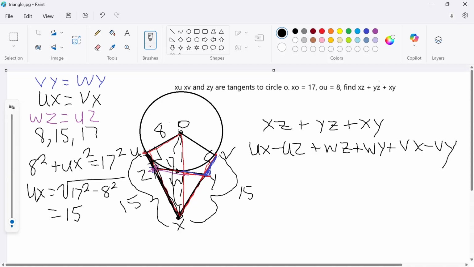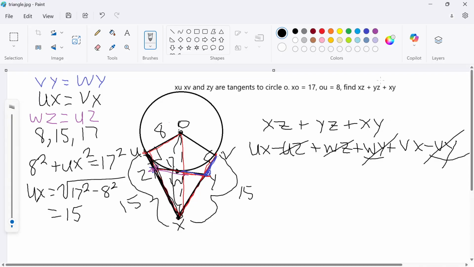And I've got it. VY equals WY. One is added, one is subtracted. Let's say they were both 3. Whatever. They have to be equal. If I add it and subtract it, they cancel out. WZ equals UZ. One is added, one is subtracted. Let's say they were 4. Minus 4 plus 4. Cancels out.